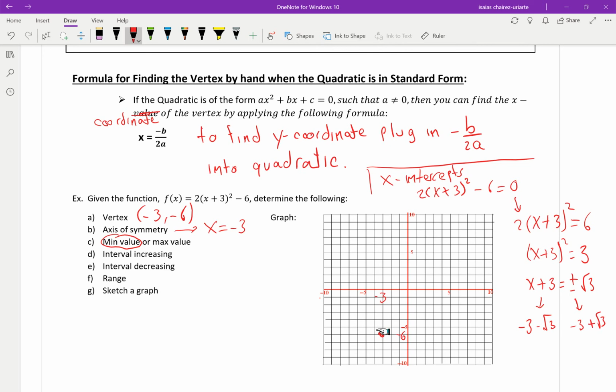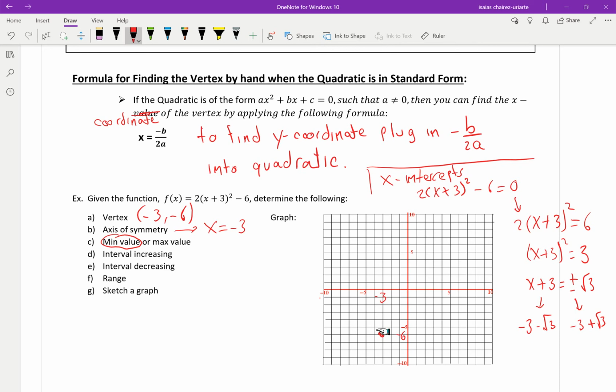And so then I don't know where those values are at. Let me try to approximate one here. Let me grab a calculator. Do I have one available? I do. So what is negative 3 minus square root of 3?